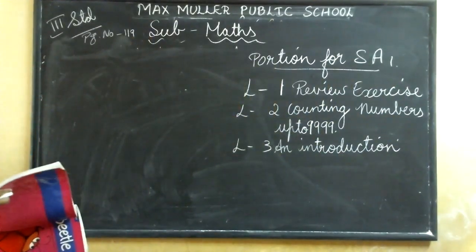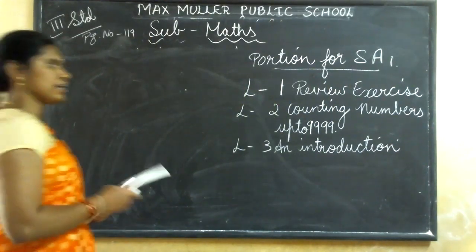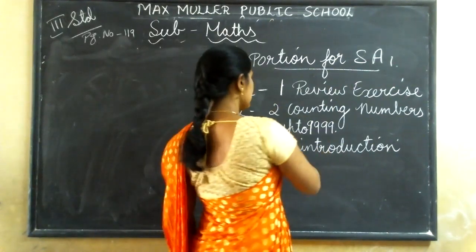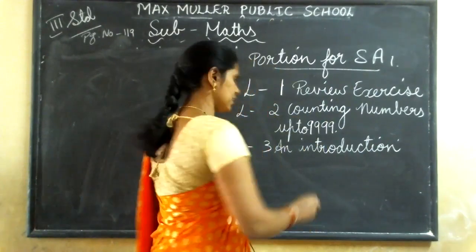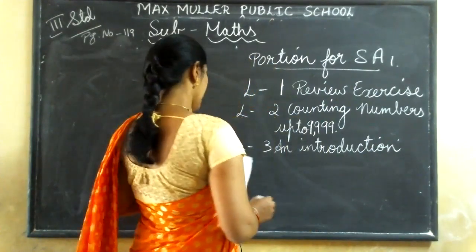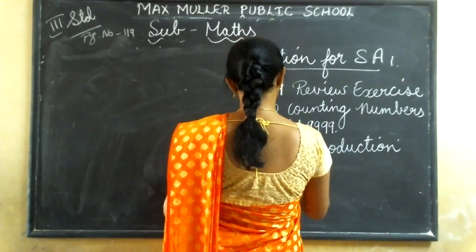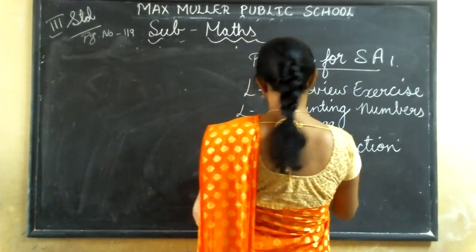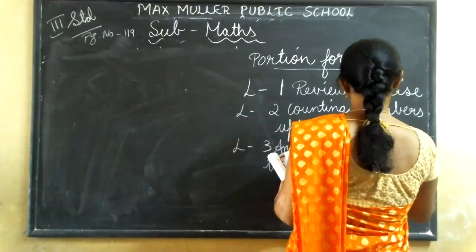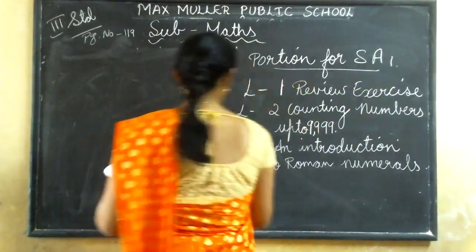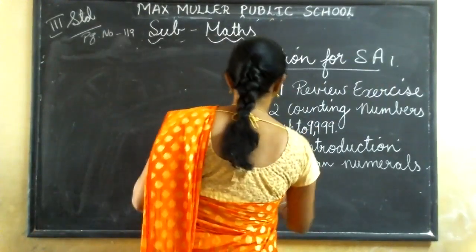In your rough notebook, you copy the portion for Essay 1. Write the heading and write on review exercise. Lesson number 2, counting numbers up to 9,999. Third, an introduction to Roman numerals. Next, fourth one, addition.